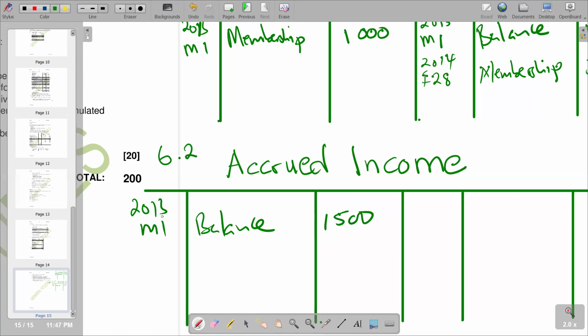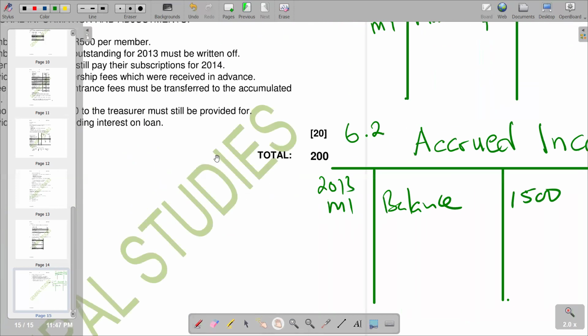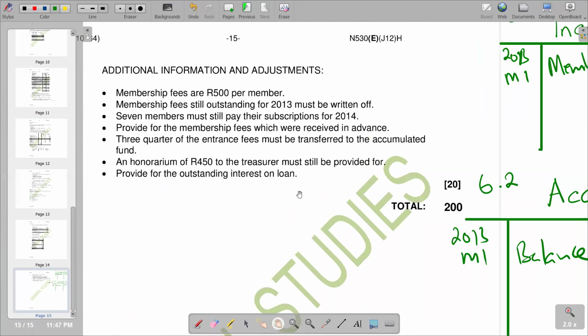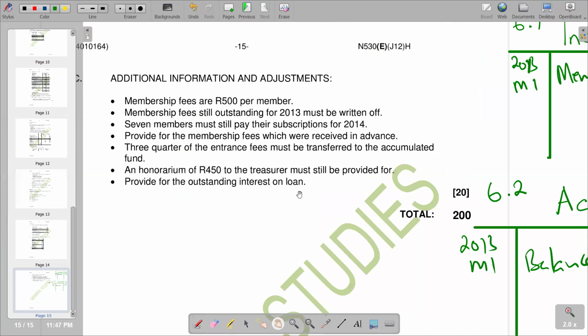And then I will go there on the additional information and try to see what it is saying about that accrued. Remember, accrued means these were the membership fees for last period which were not received. We are given on point number 2, membership fees still outstanding for 2013 must be written off.